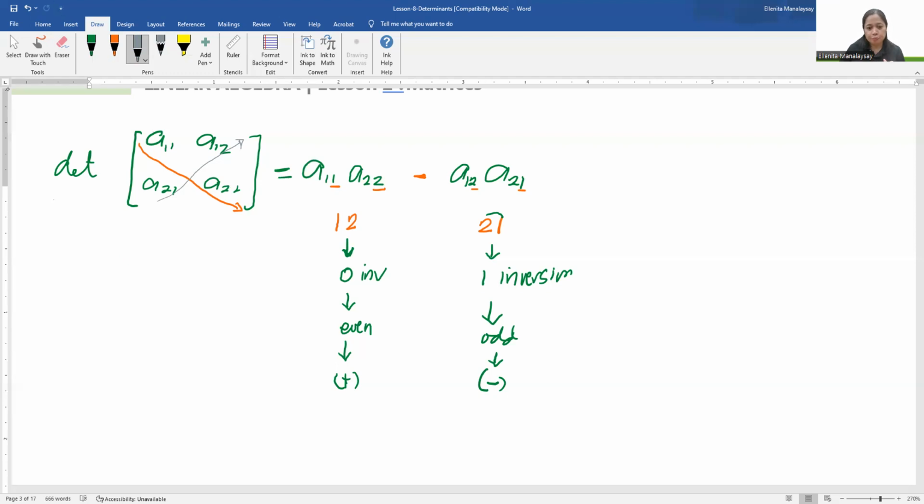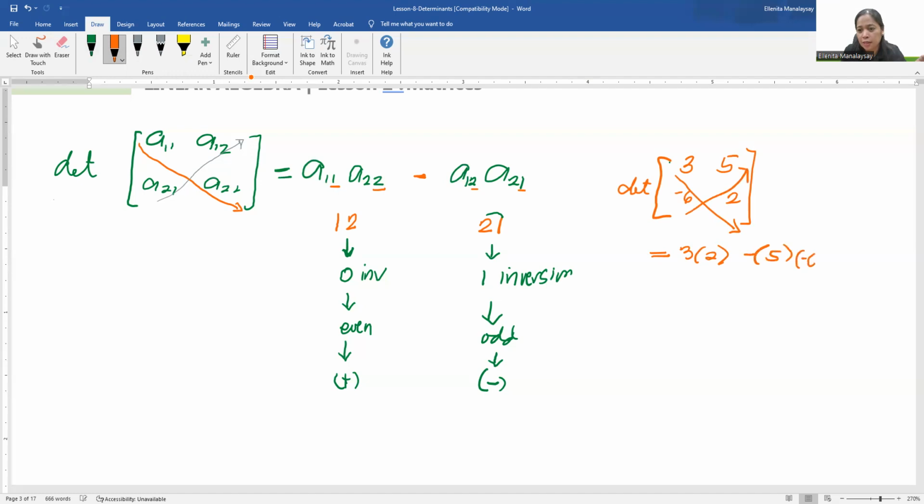So for example, let's go with specific numbers. I will use this side so that you will have a guide. If we have a 2 by 2 matrix, and we get the determinant of, say, 3, 5, -6, 2, this is equal to 3 times 2, minus the product of these two, 5 times -6.